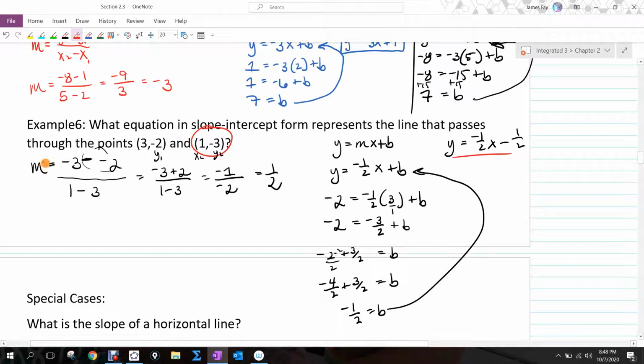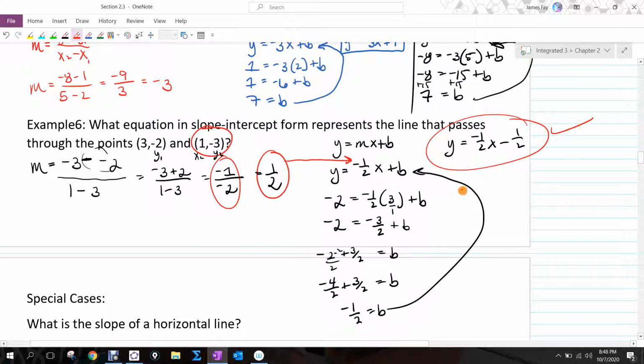Notice right here when I did slope, it gave me negative 1 over negative 2, which I wrote as 1 half. But when I plugged it in over here, I plugged it in for some reason as negative 1 half. So that's the benefit of checking, if you've got the tools to check yourself. Because if I didn't, I would have circled this and said I'm done. That's my equation, and it doesn't model this.